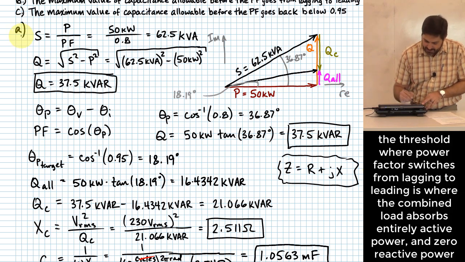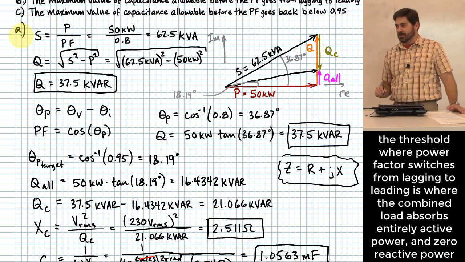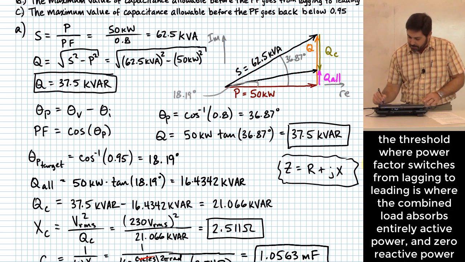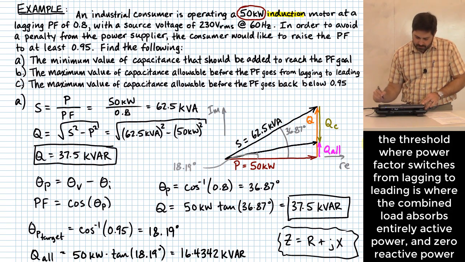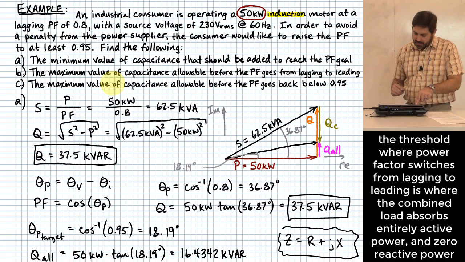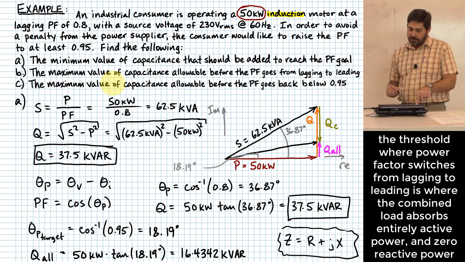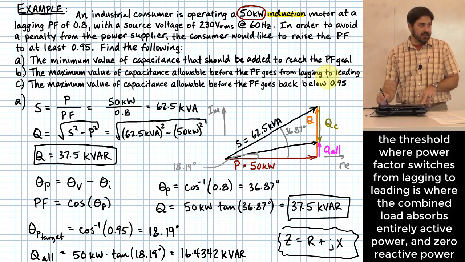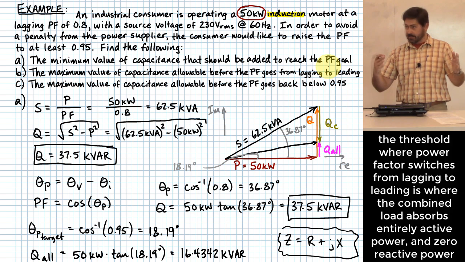Here's the good news. That was the hard part that we just did there. What do we need to do for part B? Part B says, what's the maximum value of capacitance allowable before the power factor goes from lagging to leading, right? What's another way to say that? What's your power factor right at the threshold for where it goes from lagging to leading? 1, right?